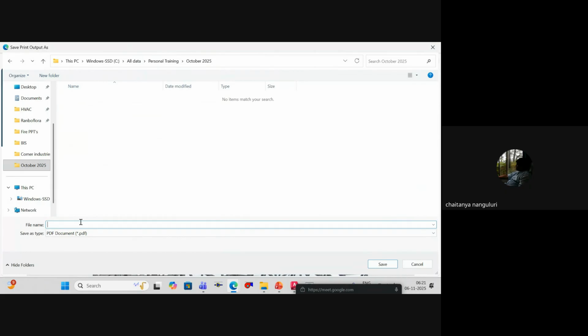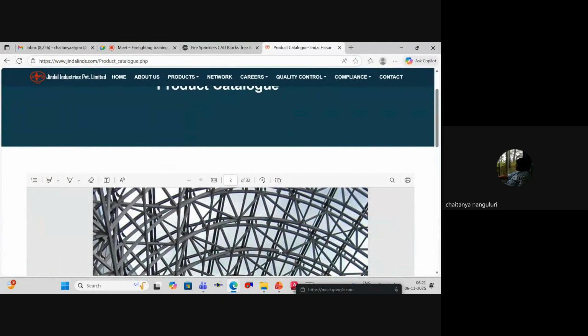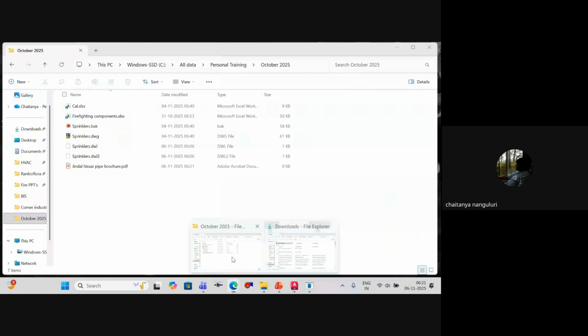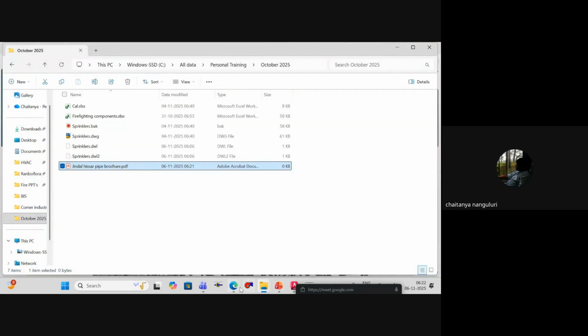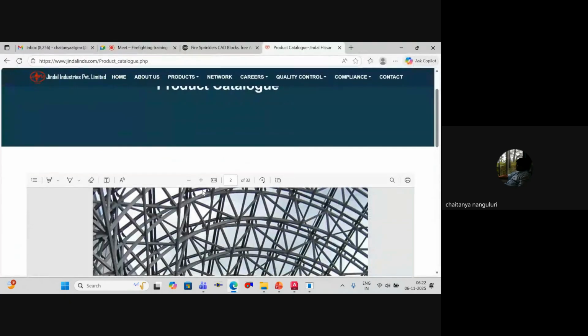This is Jindal Hisar, pipe brochure. It's not working, or you have to print. Okay.